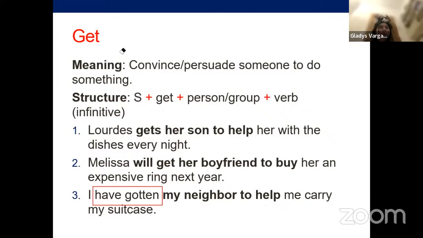They have gotten my brother to buy me an ice cream. Okay, yes, exactly. So in that case, again, what are you saying?